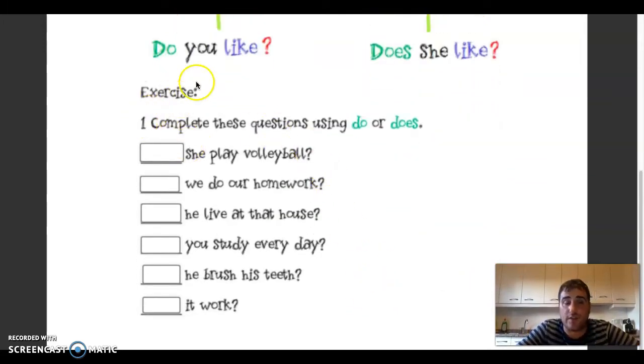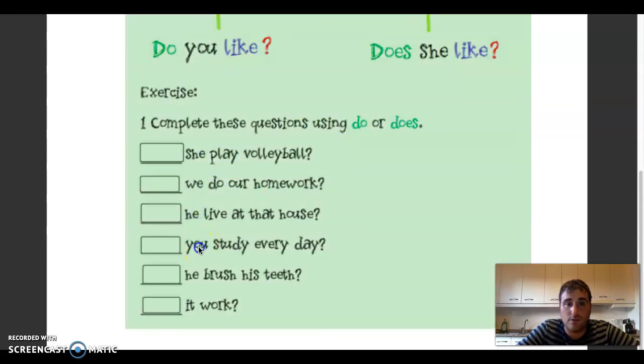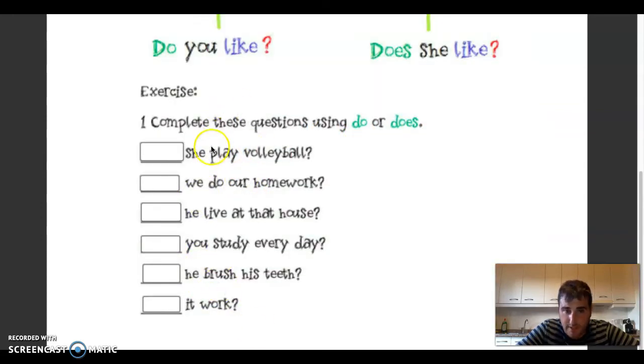With all that information, we're going to work on this. It says on the exercise, complete these questions using do or does. So you only have to have a look at the subject, who makes the action, and complete with do or does. She, we, he, you, he again, and it.